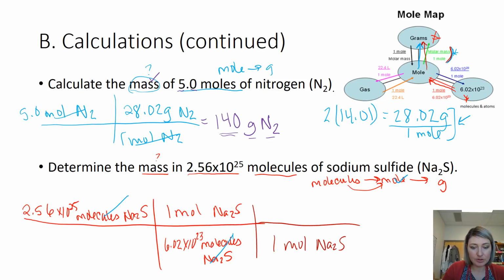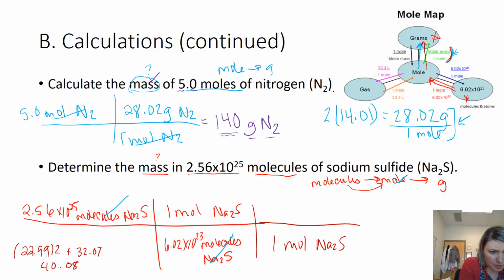So that's 2 sodiums. Okay, so 2 sodiums would be 22.99 times 2, plus 1 sulfur. Sulfur is 32.07. You should get a total of 40.08 grams. Okay, so molar mass is 40.